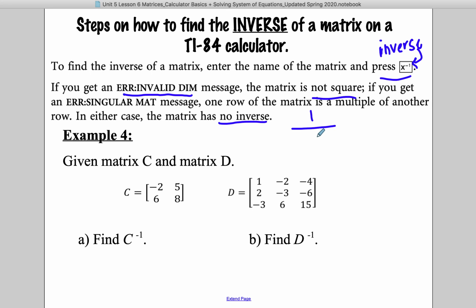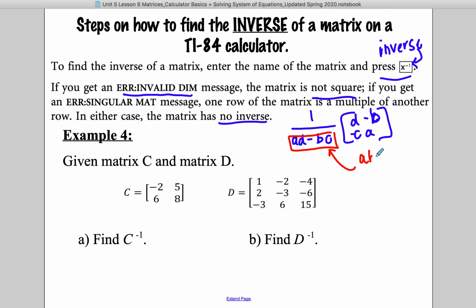We had 1 over AD minus BC, and then we had our D and B switched, and this would have been negative, I swapped that around, sorry. This would have been A and D. This would have been negative B and negative C. And when we did not have an inverse was when your determinant, this part right here of your 2 by 2, equaled 0.